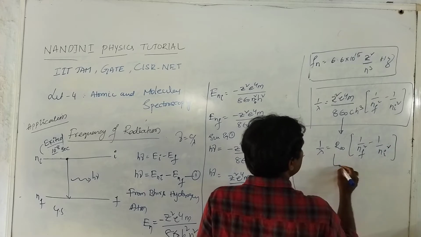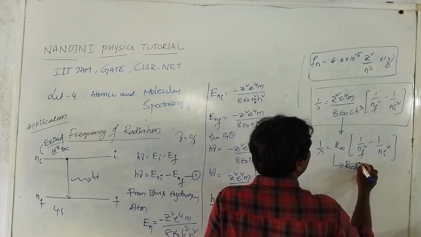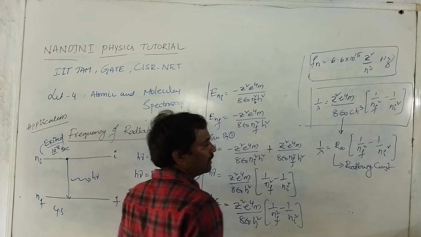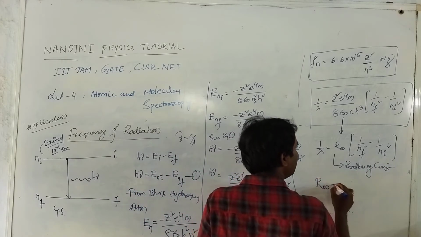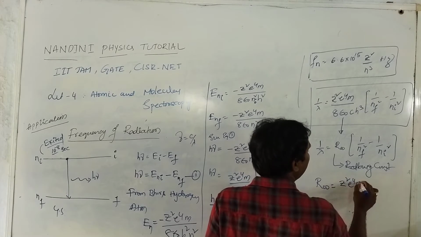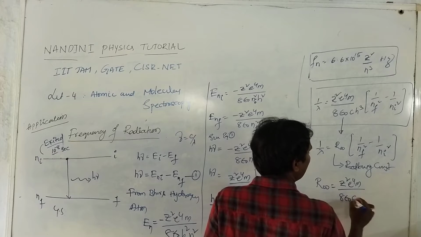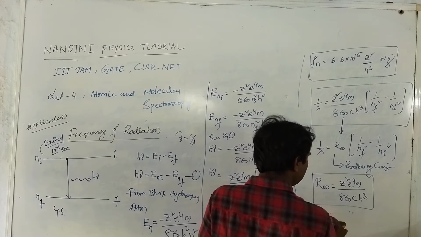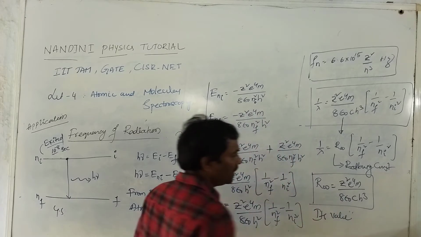Okay. So this is called the Rydberg constant, and the Rydberg constant R infinity is equal to z square e power 4 m divided by 8 epsilon naught c h cube.